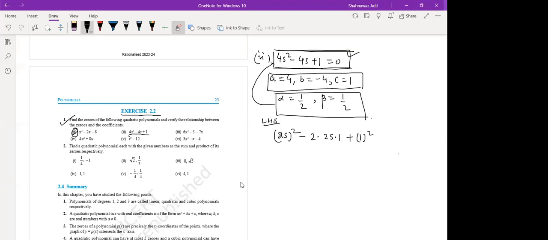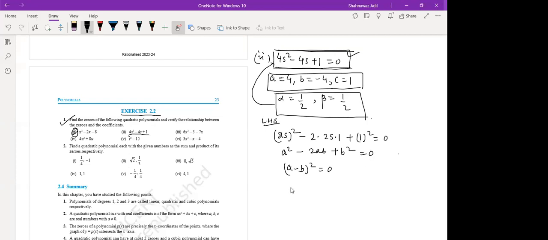So this is the second one. A minus B the whole square. So this is a minus b whole square, right? Yes, sir.